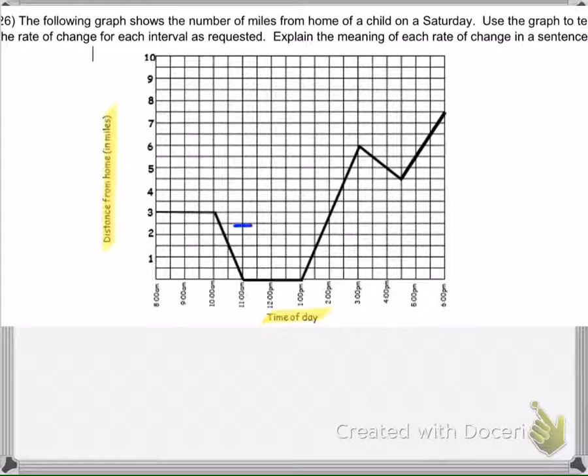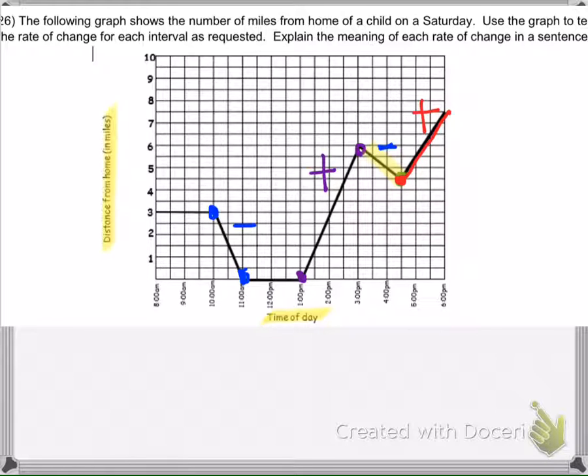So we know that this has a negative rate of change from 10 to 11, and then it goes up from 1 to 3, so positive rate of change, and then from 3 o'clock to 4 o'clock, it's going downwards, so negative. Then from 4:30 to 6, it's going upwards, so it has a positive. So that's how we can tell if the sign is negative or positive.